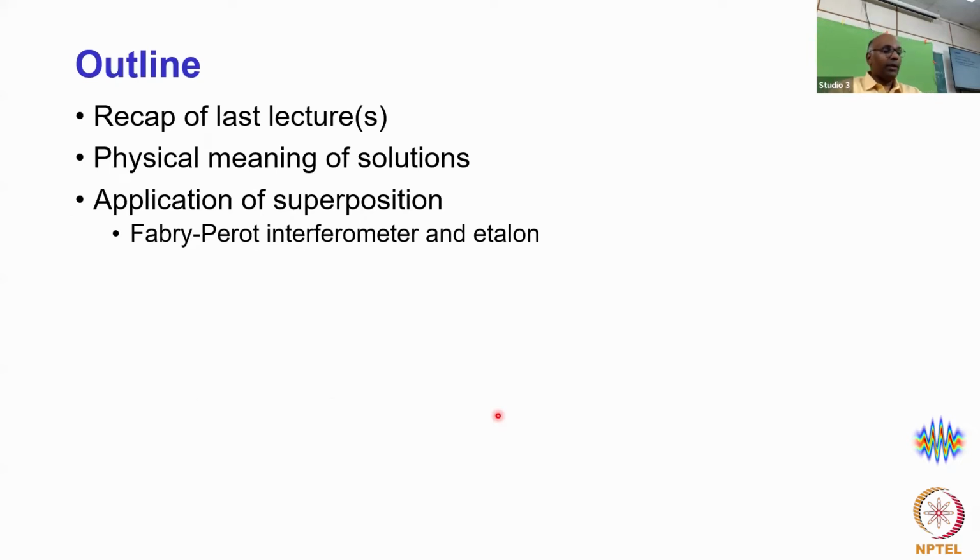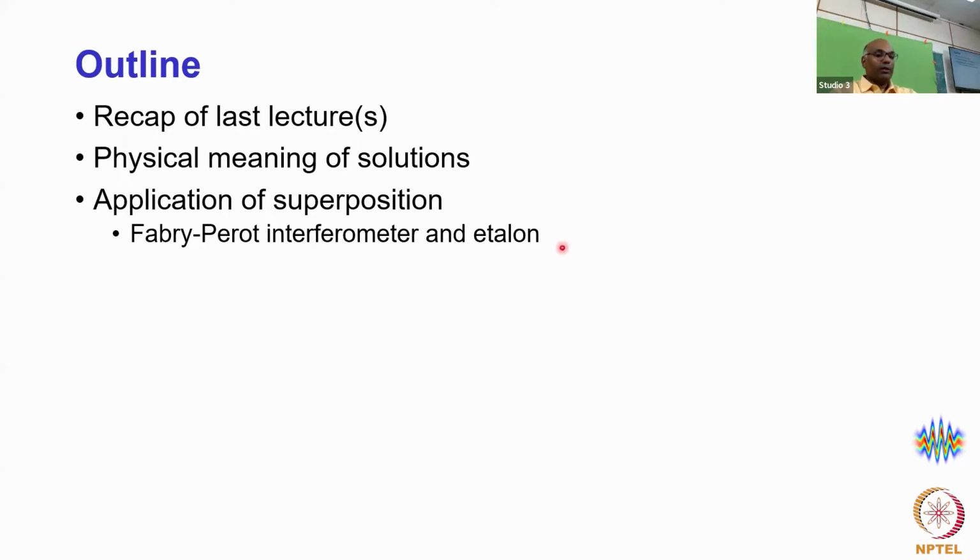So we'll recap the previous lecture, the last few actually, some related concepts which we will need in order to make this lecture as self-contained as we would like it to be. And we'll dwell a little bit once again on the physical meaning of the solutions to the three-dimensional wave equation.